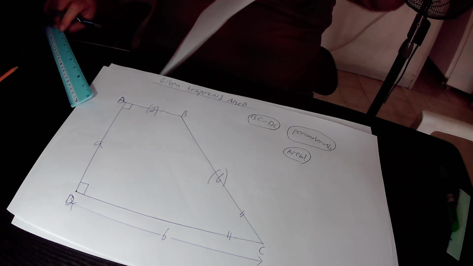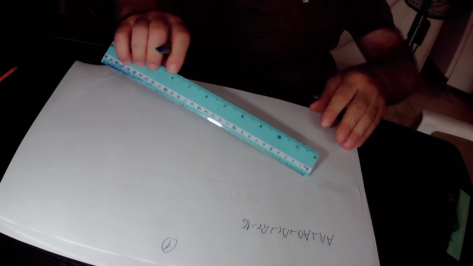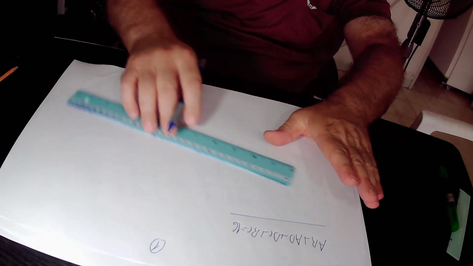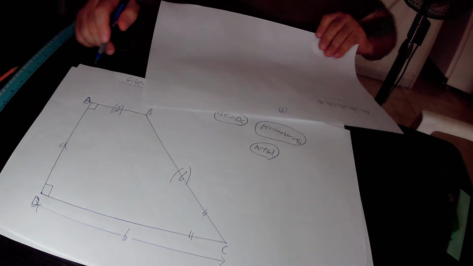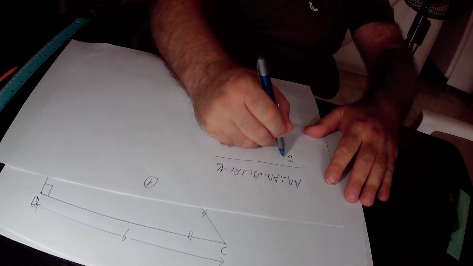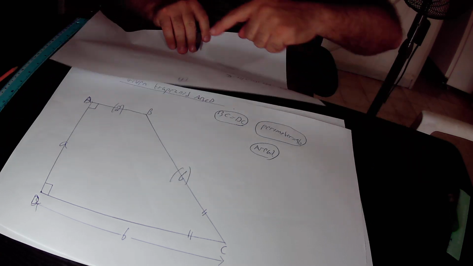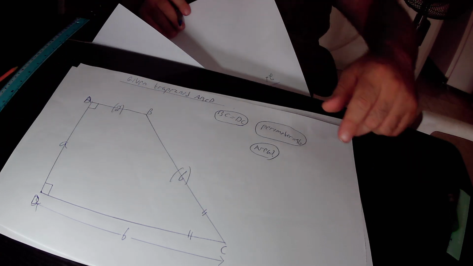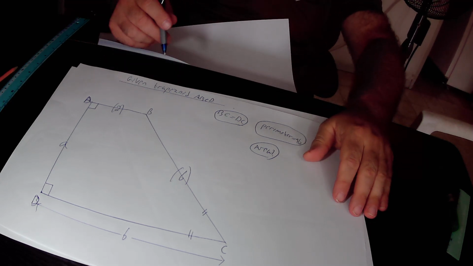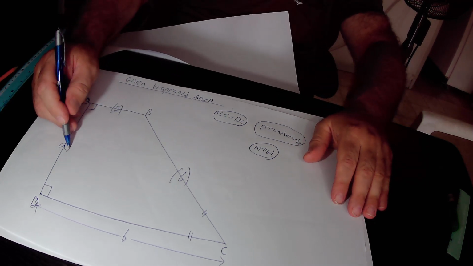I repeat again, AB plus AD plus DC plus BC equals 16. AB is 2 according to what is given in the question, plus AD. AD is A according to our definition. The length of side AD equals A units according to our definition.